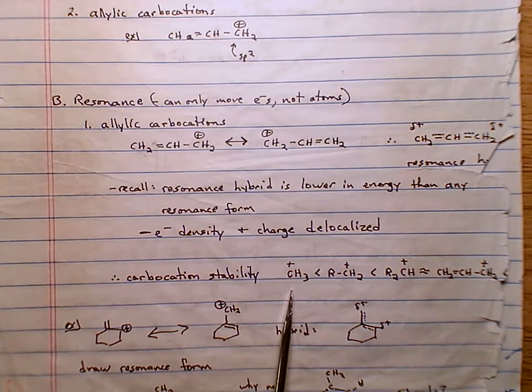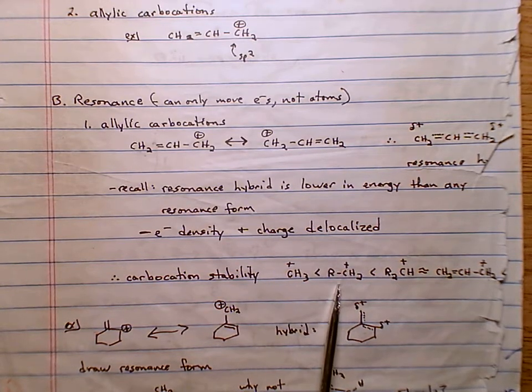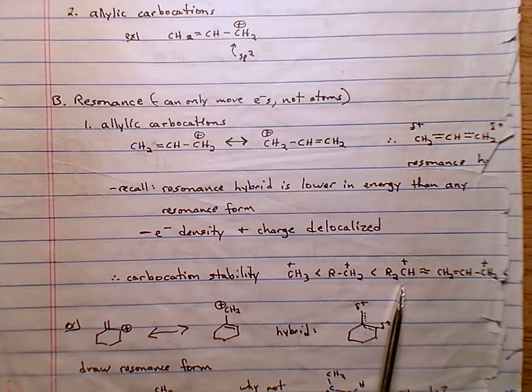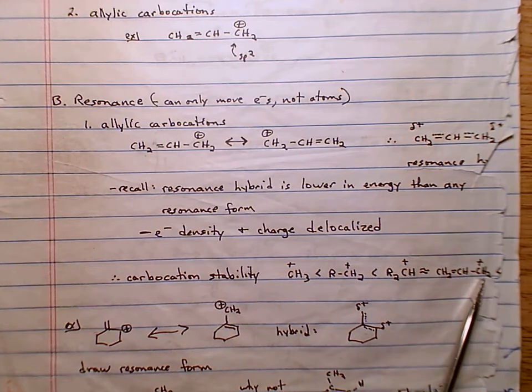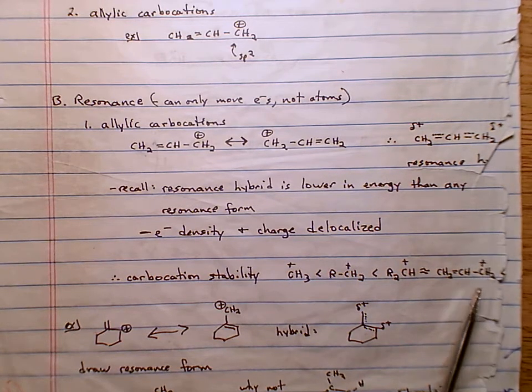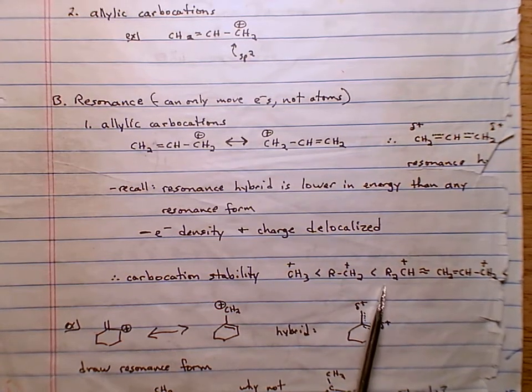Recall the methyl carbocation, very, very unstable. Primary carbocations aren't very stable at all. Secondary are more stable, and secondary are about the same stability as allylic carbocations.